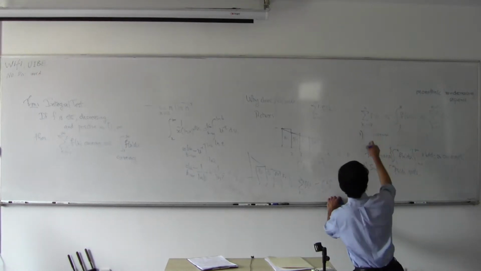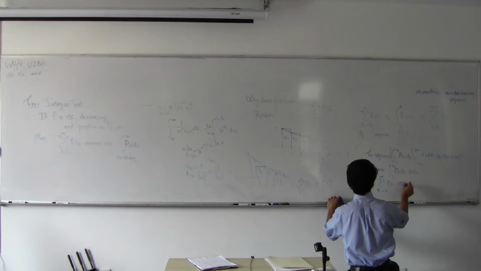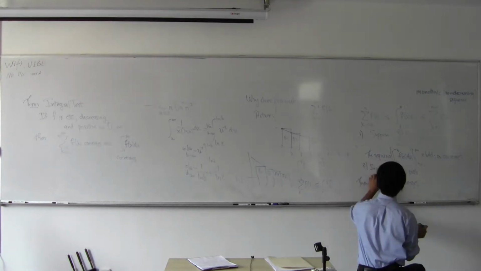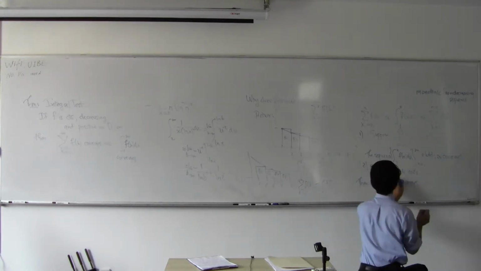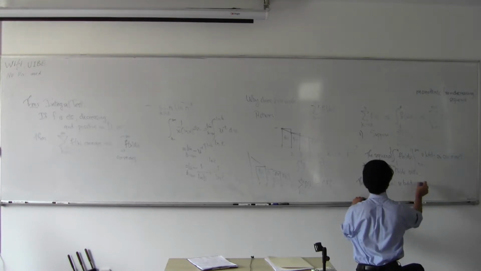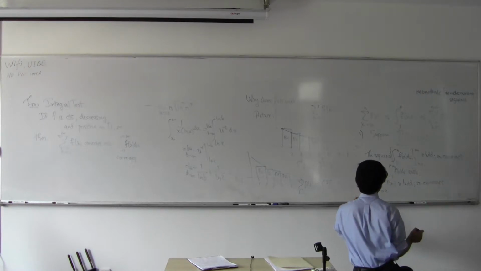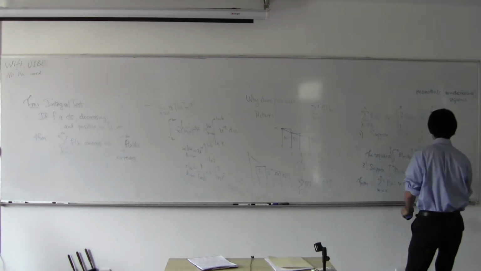Well, in that case, the sum of f of k from k equals 2 to infinity converges, because this sum from 2 to n is bounded, so converges, as n goes to infinity.